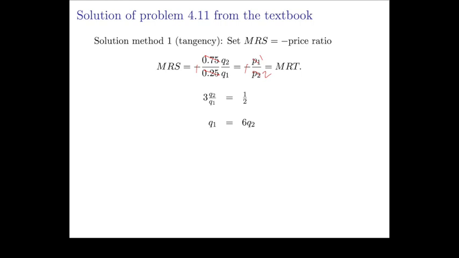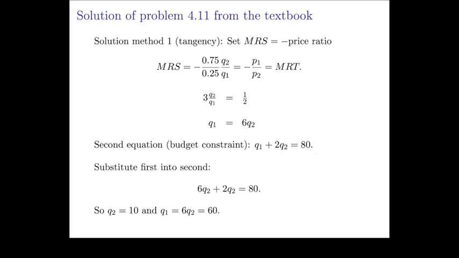If we multiply both sides by 2 and multiply both sides again by Q1, we get Q1 equals 6 times Q2. So we've got one equation with 2 unknowns. Let's go back to our budget constraint and plug this in so that we can then solve for Q2. Remember, the budget constraint tells us that Q1 plus 2Q2 is 80.